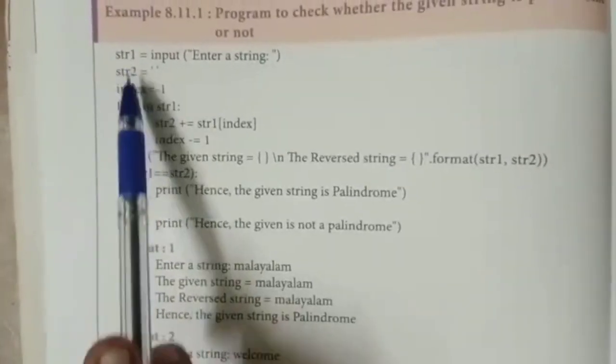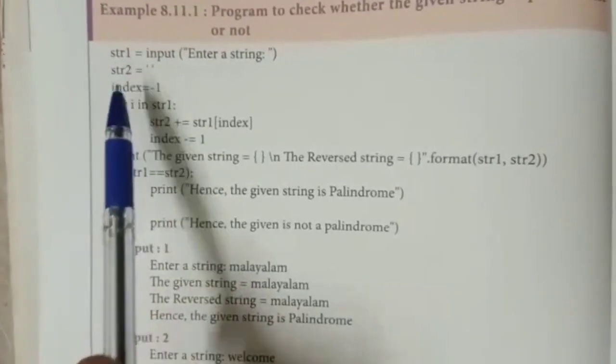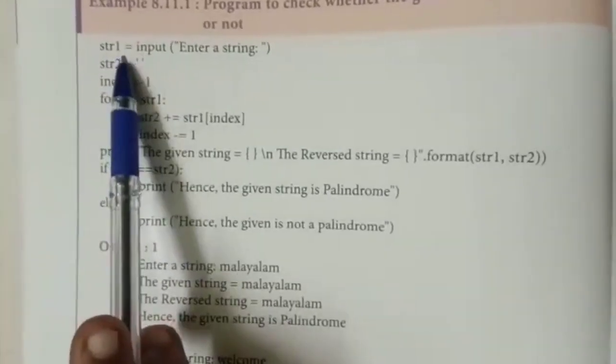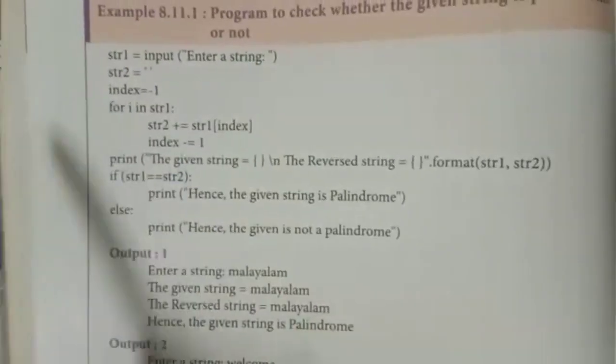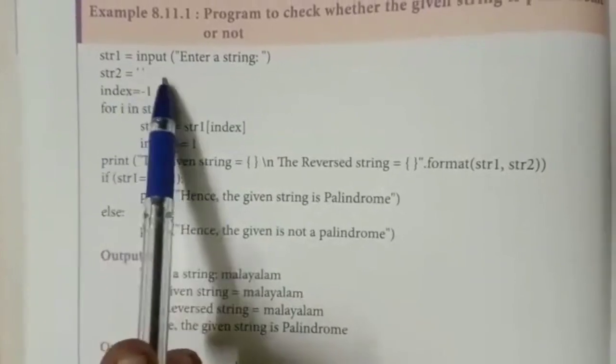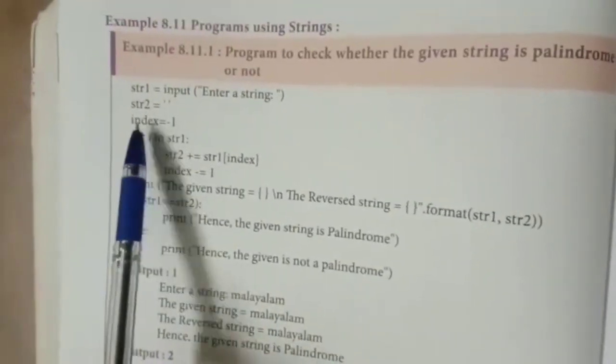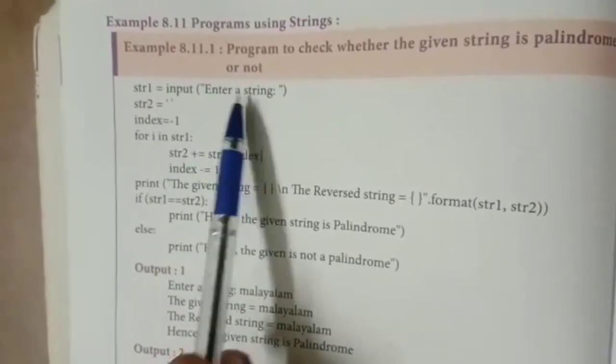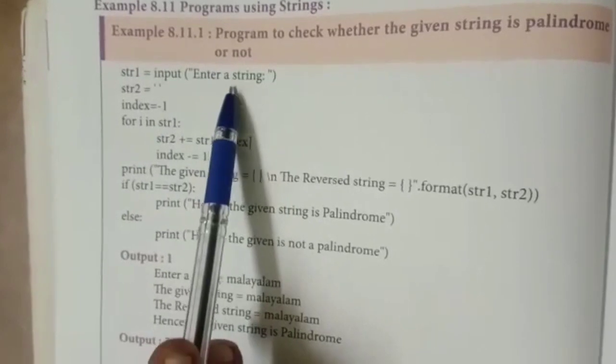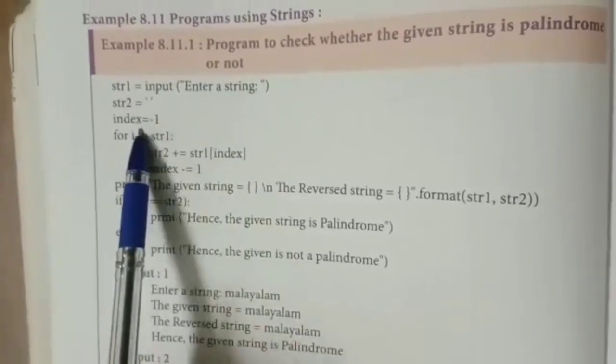First you have two strings, str1 and str2. In str1 we are going to enter the string, and str2 is empty, which means the reverse of this string will be copied here. Then next, when you want to check the string, you have to check it character by character. For that we need an index value.